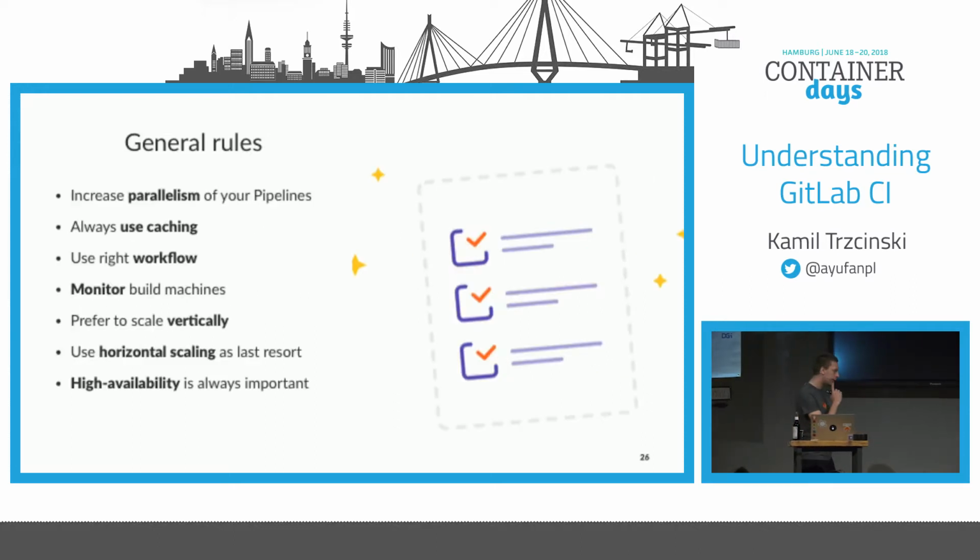And there is a set of general rules that you always want to follow. If I look, for example, at Ruby and RSpecs, most of our Ruby code is single-threaded, while most of our processes are multi-threaded.